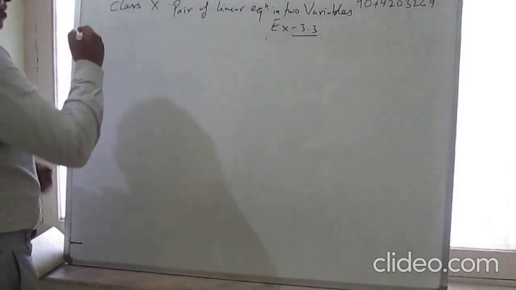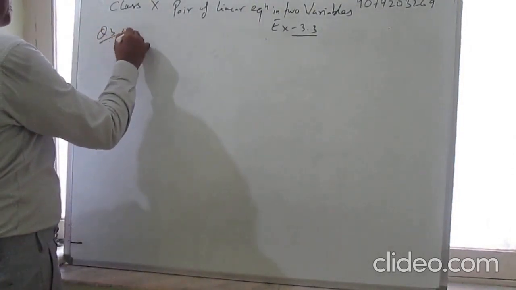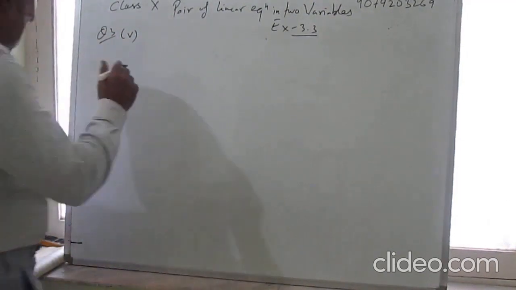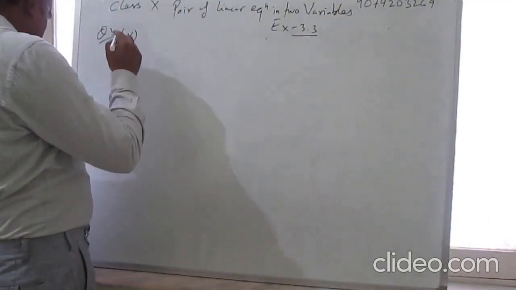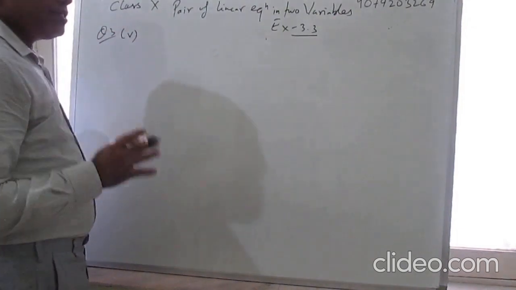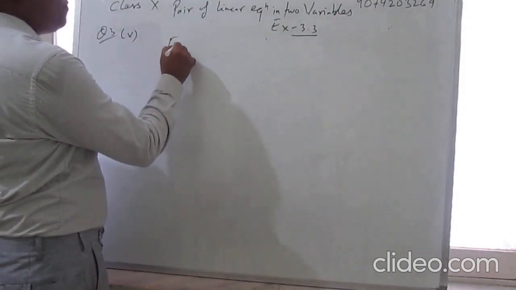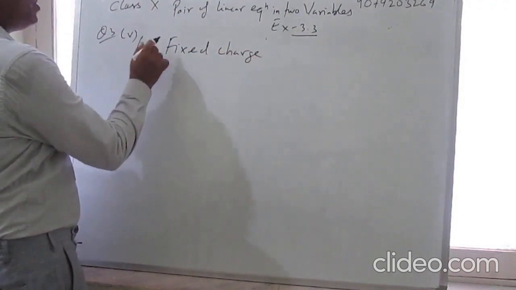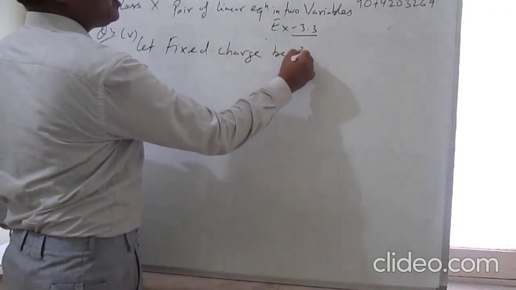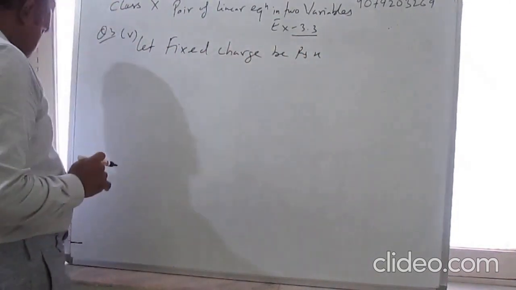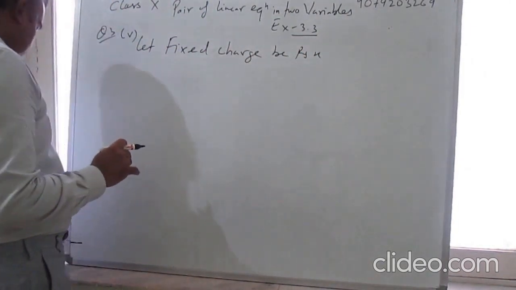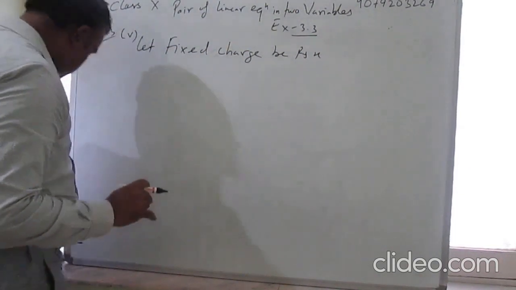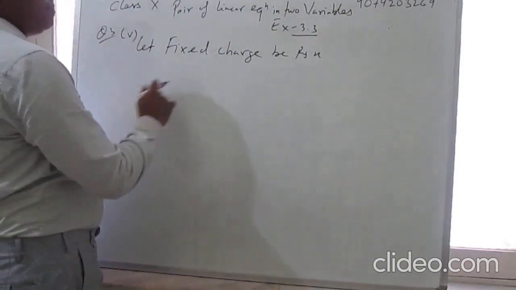Question 5, third, fifth part. The taxi fare in a city consists of a fixed charge, let the fixed charge be rupees x, together with the charge for the distance covered.